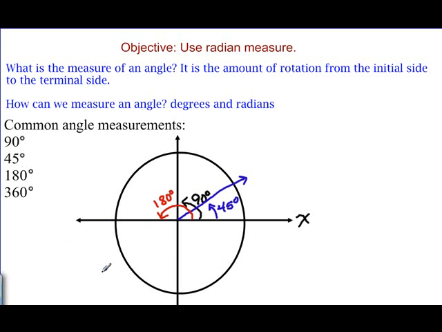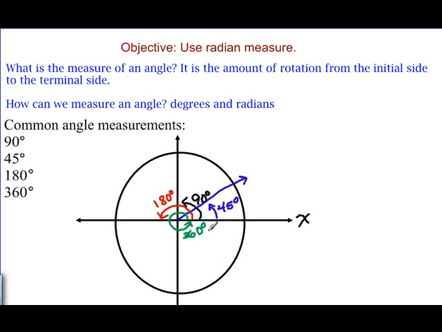And what about a 360-degree angle? Yeah, 360 is if we rotate from the initial side all the way back around to where we started. A full rotation of the circle would give us 360 degrees.